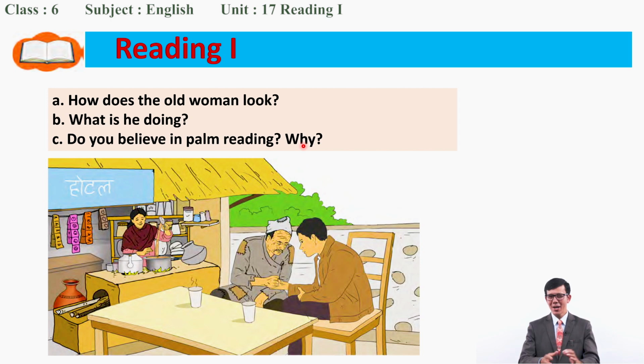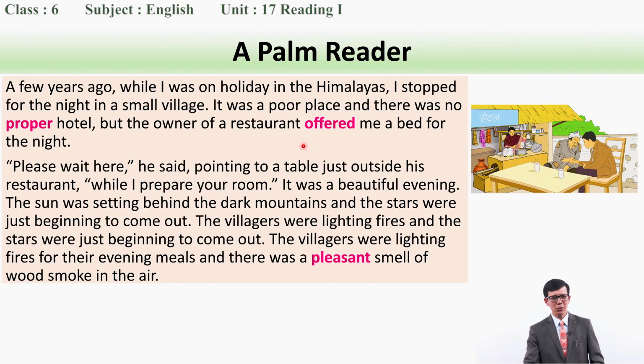But today we are going to read really a wonderful story. Here we go to read the story. This is all about the story of a palm reader. Okay, everybody, are you all ready to start the wonderful story? Good. All right, so we are going to read this story, but I request you all please to be attentive while reading the story.